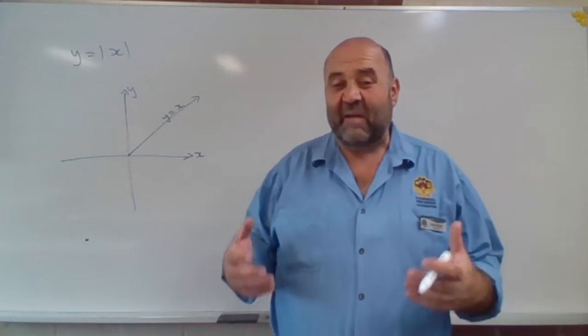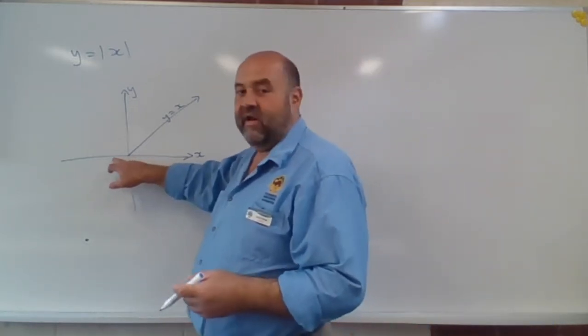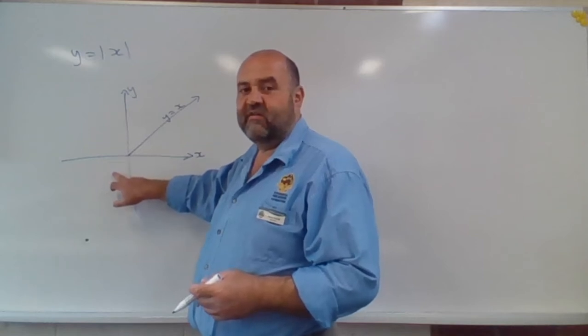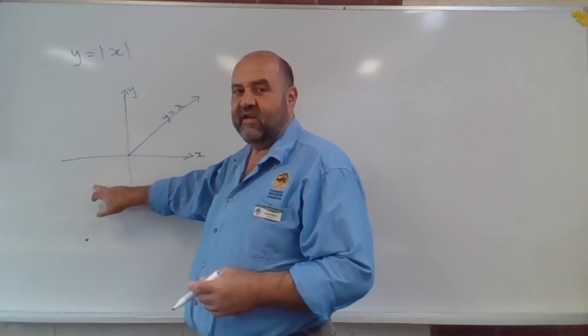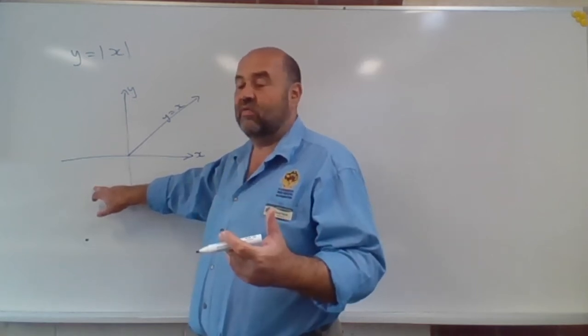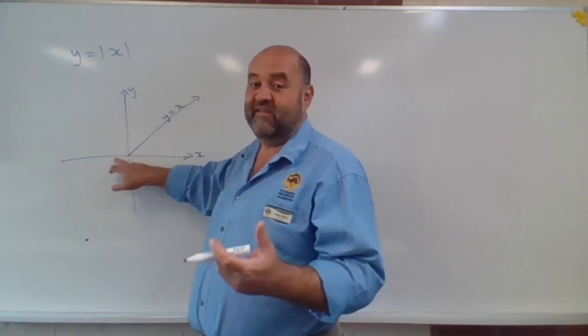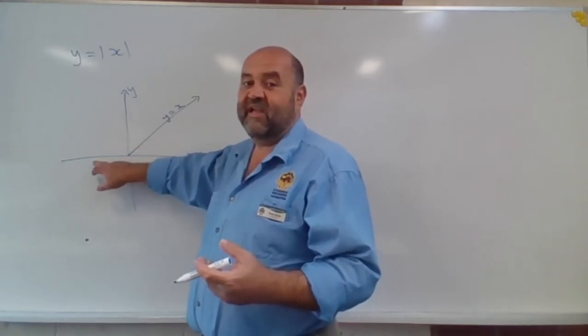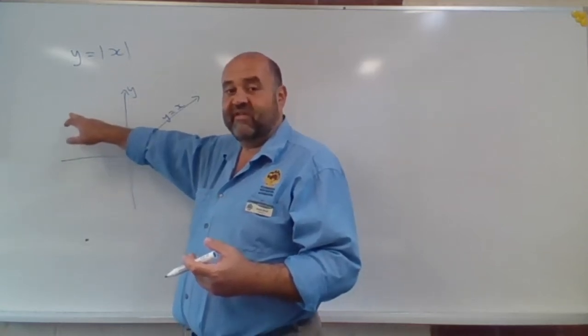But if y is the absolute value of x, that means when x is -1, y doesn't go down to -1 there. And when x is -2, y doesn't go down to -2, because y is the absolute value of whatever x was. So when x is -1, the absolute value of that is 1. When x is -2, the absolute value is 2. When x is -3, it's 3.